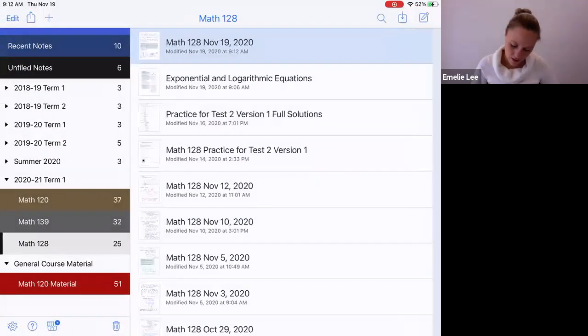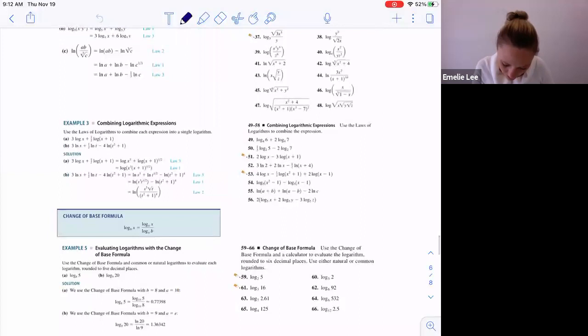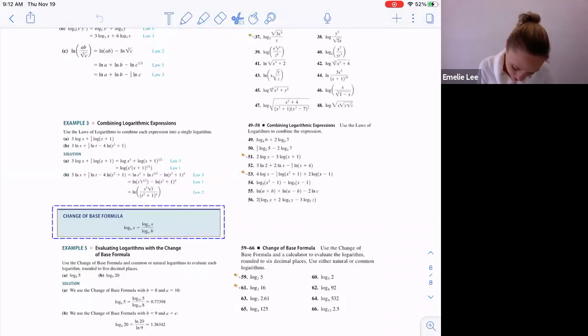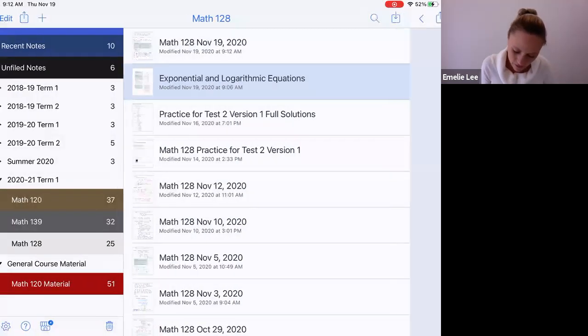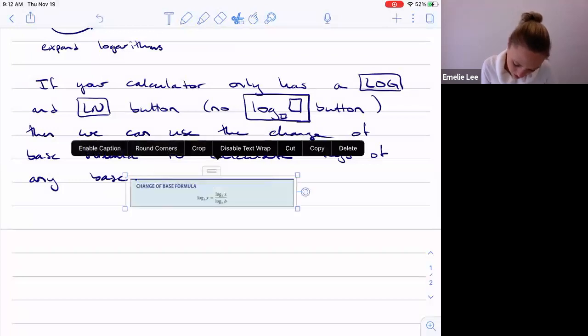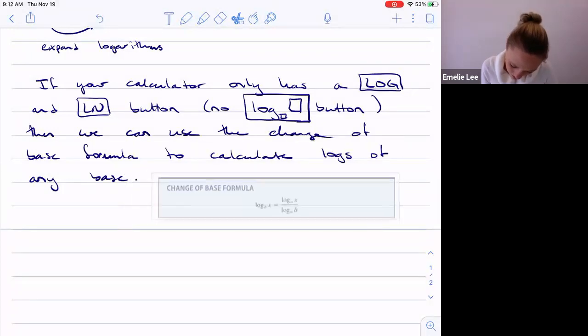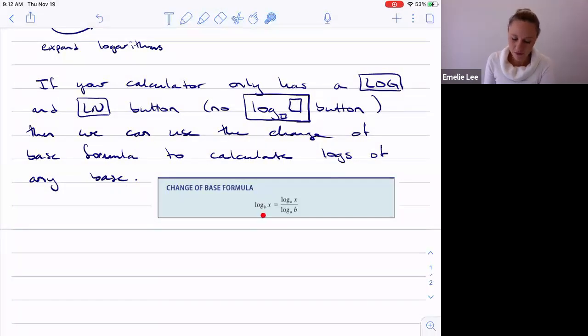Okay. So I'm just going to steal it from the notes here. The change of base formula, we'll write it out. It says that if you want log base b of x, so log base 3 of 4, and you don't have a fancy button, then what you do is you pick some log base a, and log base a can be anything.